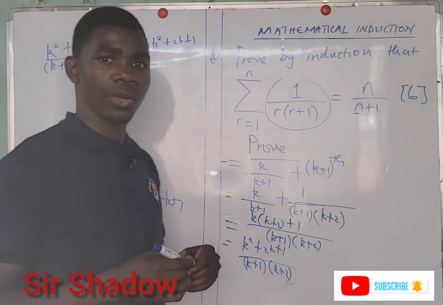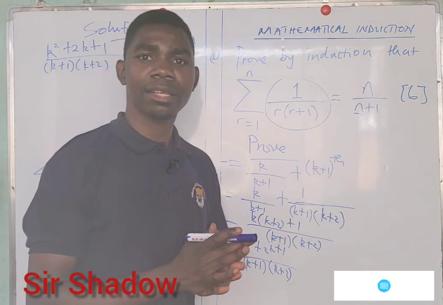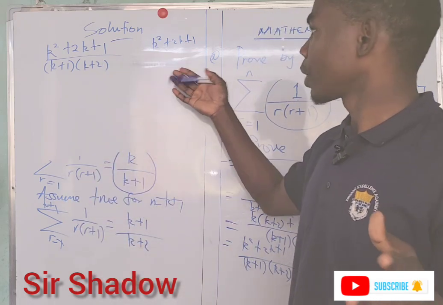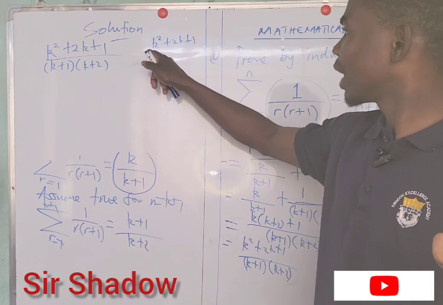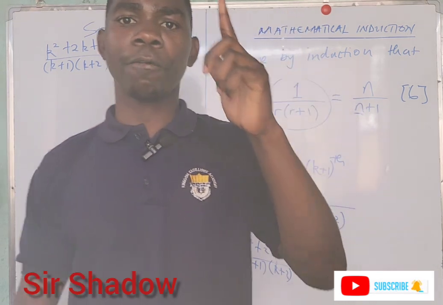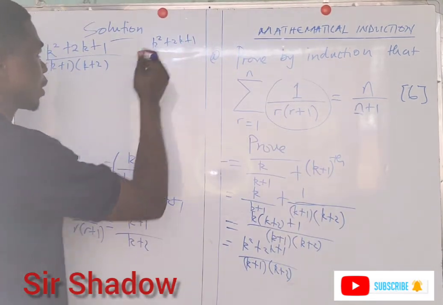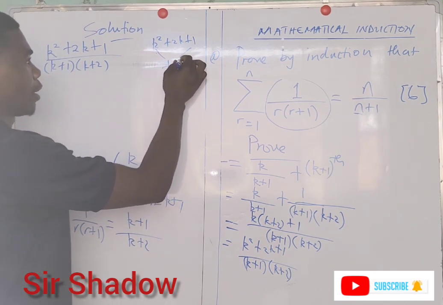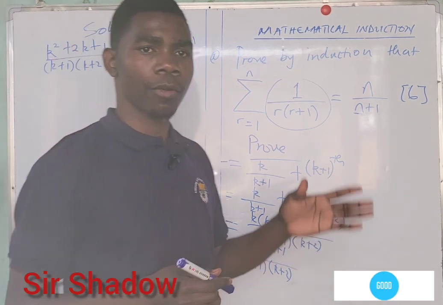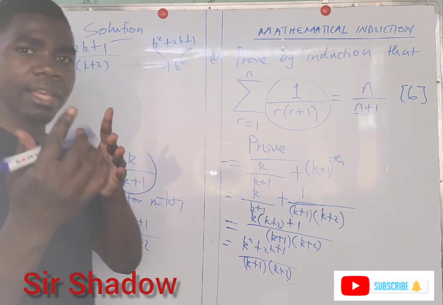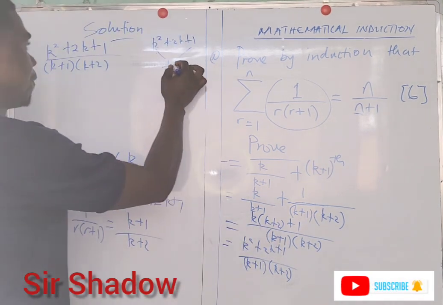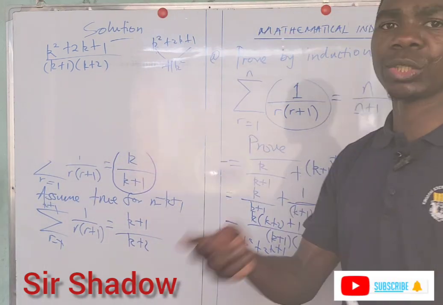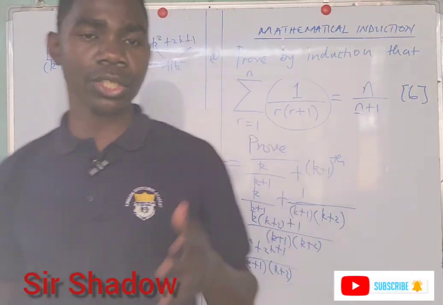Remember, the coefficient of k squared is 1, applying the ordinary level general mathematics. So your factors are your solutions. We want to find factors which multiply to give 1, 1 times 1, but add to give 2. So which is 1 and 1.